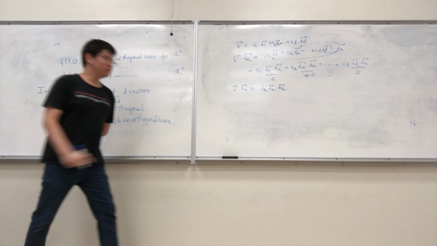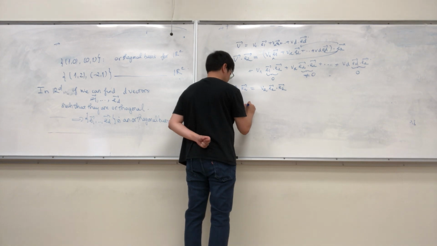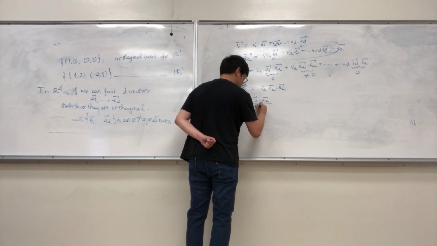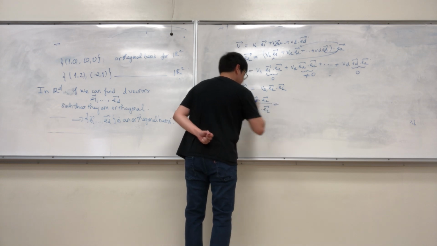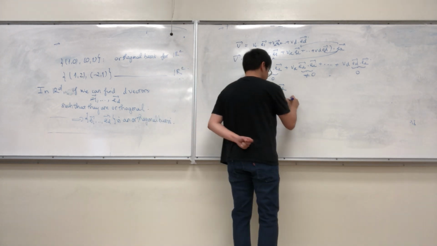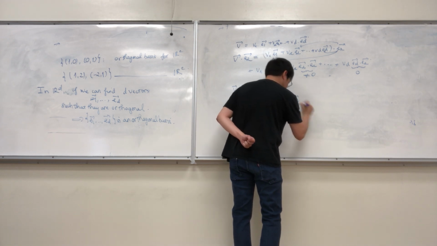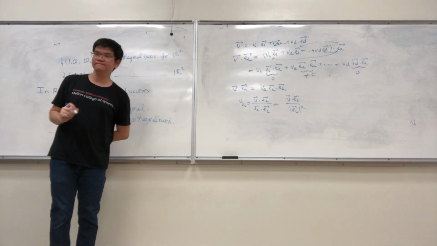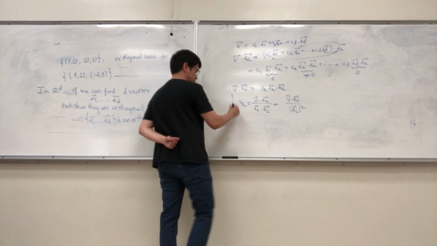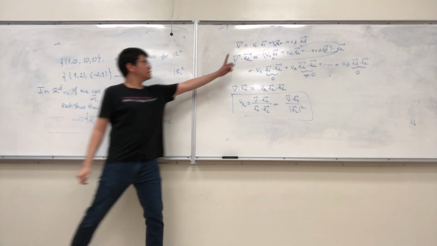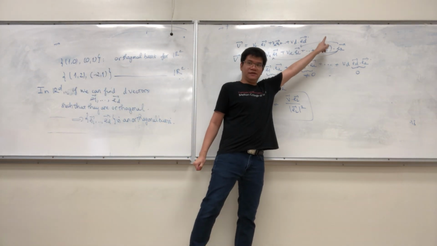All right? So V2 will be V times E2 divided by E2 times E2. And again, you can use the formula in the previous one, and you have this one. So this is the formula that you have. All right, so I repeat. You express V in this form.